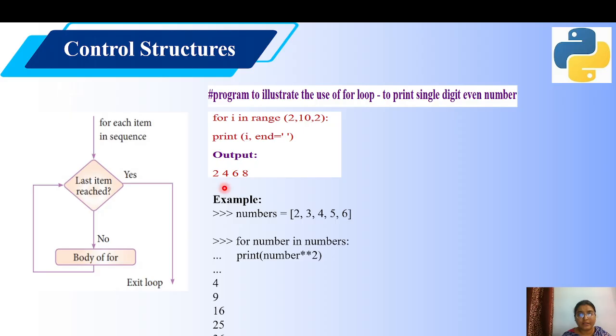So we will get the output 2 4 6 8. This is a very basic example of for loop. You can practice these programs in your Jupyter notebook, so you become aware of how they work.